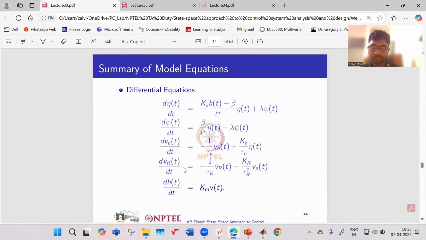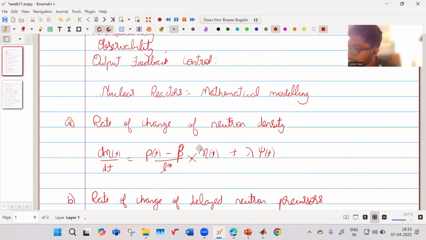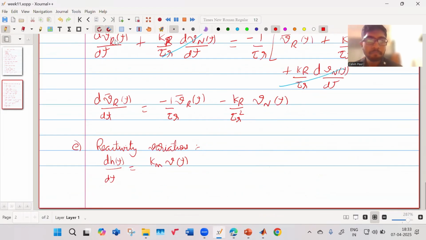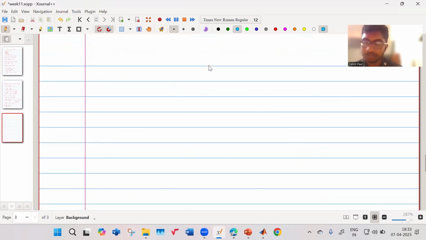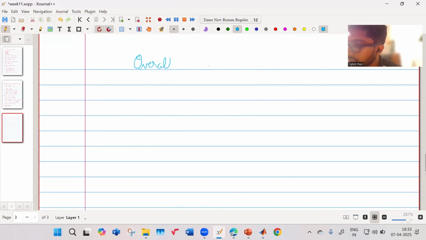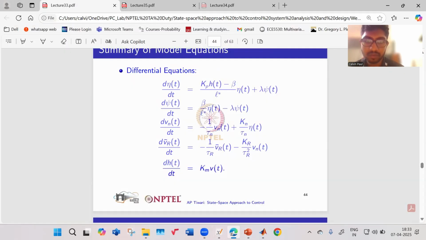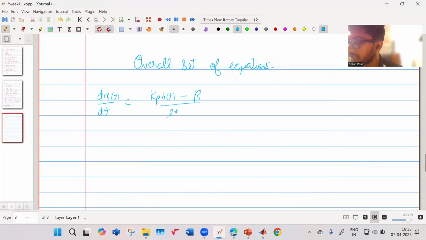Let us write the overall set of equations. The set of equations is written like this. dn of t upon dt is equal to k rho h of t minus beta upon L star n of t plus lambda into C of t.